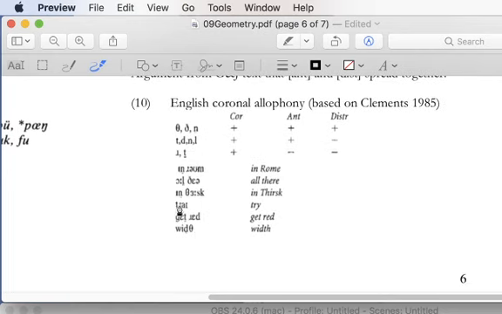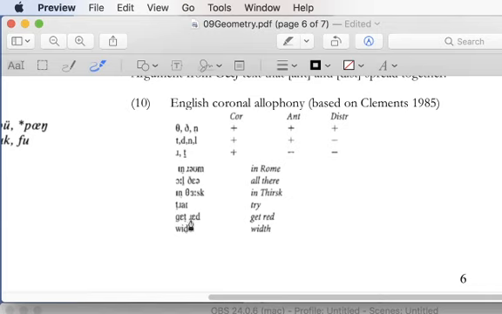Words like try clearly have a post-alveolar stop sound here, or affricate sound. This is not t-r-ai, it's ch-r-ai in most varieties of American English. So again, the claim is that those non-anteriority features are spreading from one coronal to a preceding coronal.